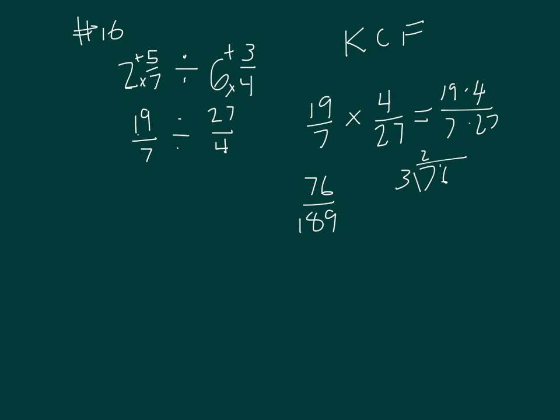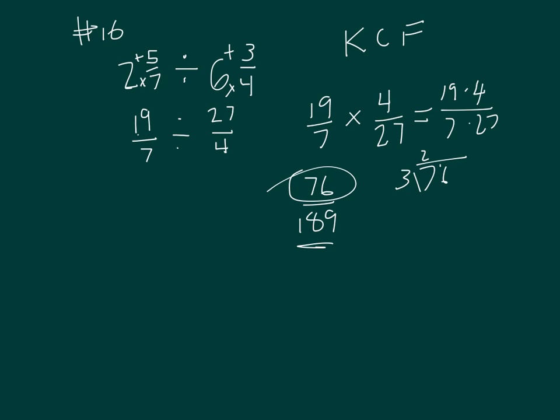No, it doesn't evenly. That might be the final answer of 76 over 189. Without wasting too much class time, you can keep checking for factors. Check factors of the smaller number first, there's probably less of them. I know 2 is not going to go into 189. I know 4 does go into 76, but I'm pretty sure that's not going to go into 189 because that's not even. Can you check the answer key on that one and let me know?